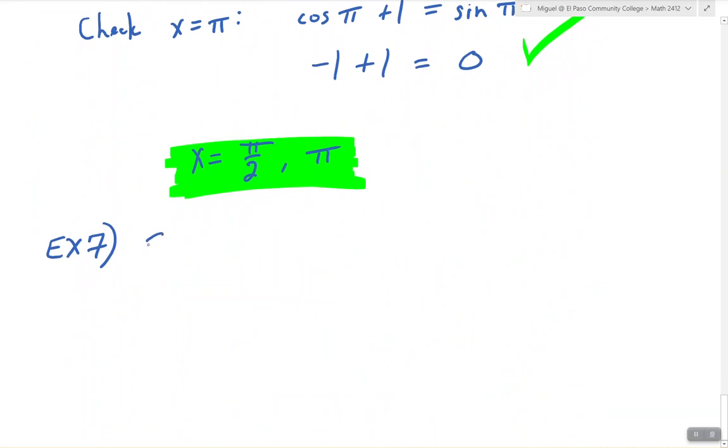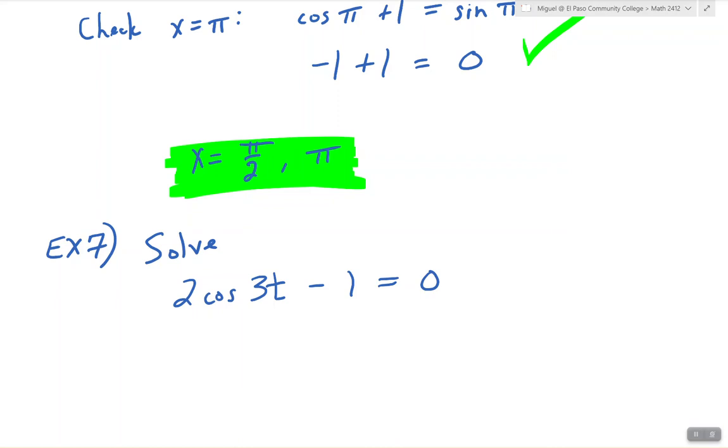All right, solve. This is 2 cosine of 3t minus 1 equals 0. Okay, so it's not too complicated, right?